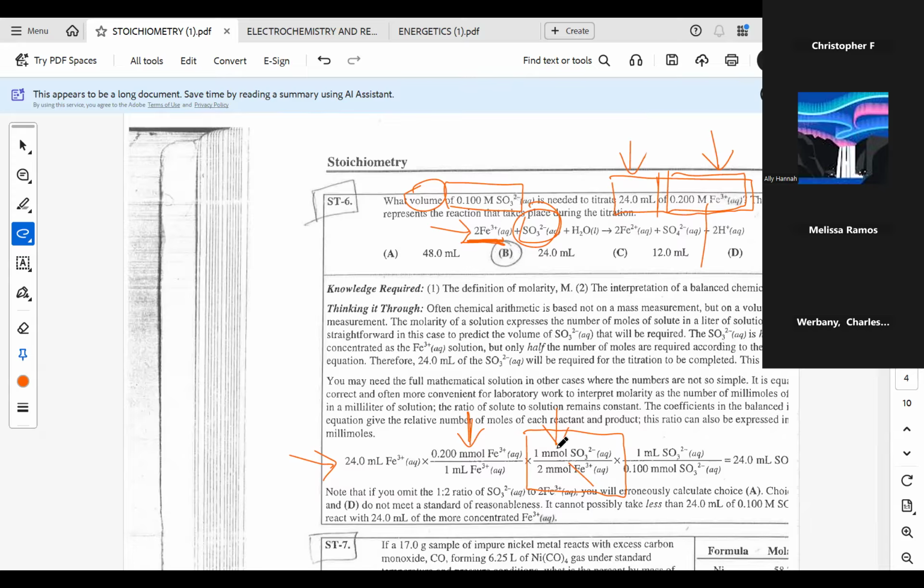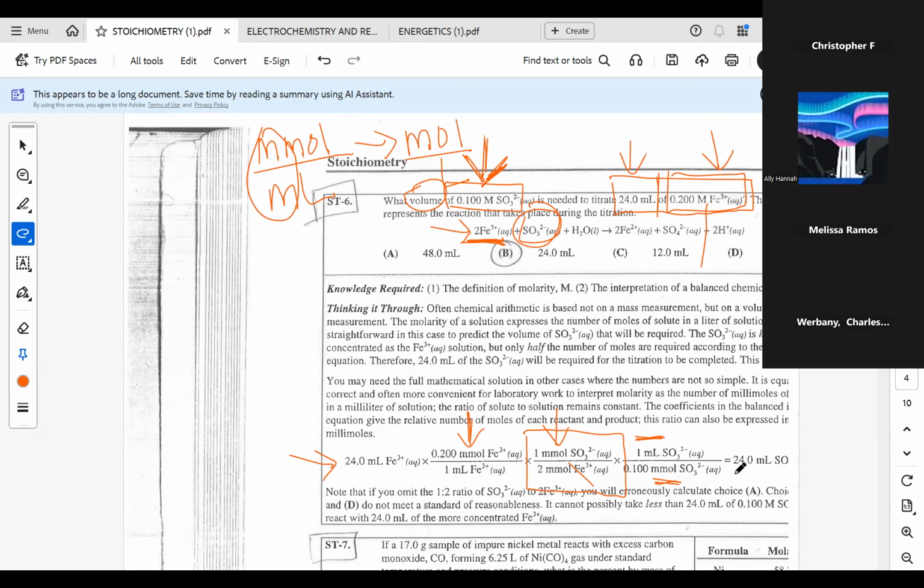And now that I'm in millimoles of my ion here, I can go back to my information from the equation, and I'm going to just divide by the concentration in millimoles per milliliter, which would be the same as moles per liter, right? So we can see that milli translates to the original mole per liter concentration.